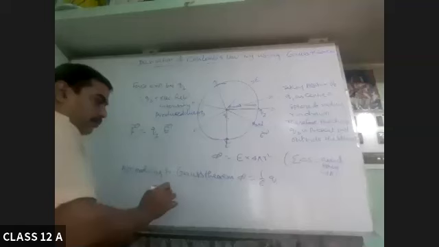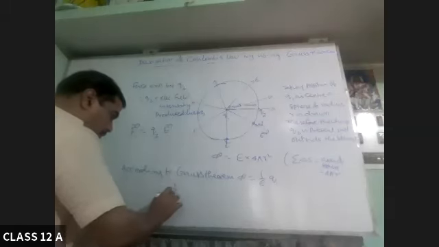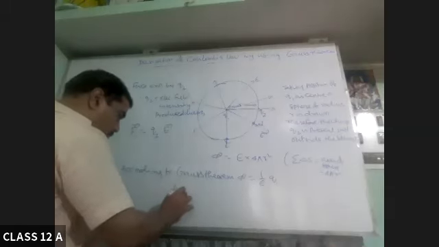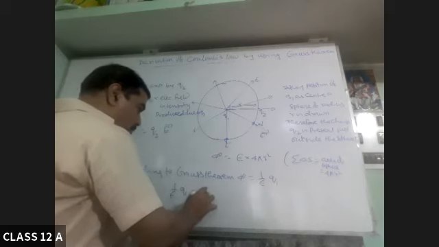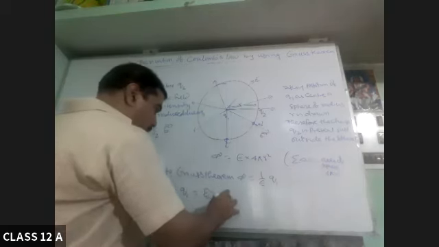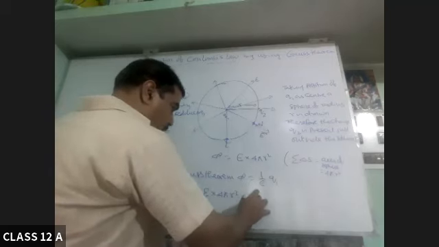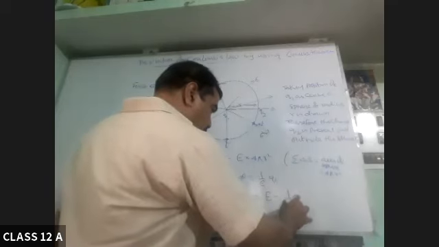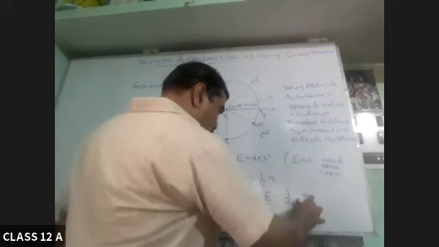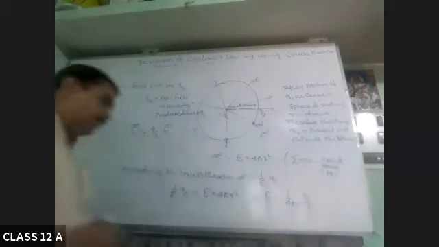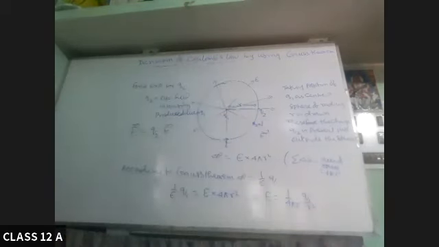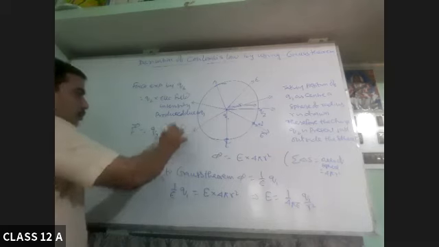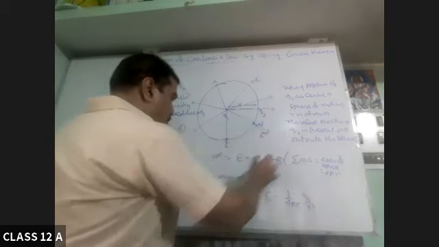Therefore, 1 by epsilon times q1 is equal to E into 4 pi r square. So E we got as 1 by 4 pi epsilon q1 over r square. So this you can give equation number 1, this one you can give equation number 2.